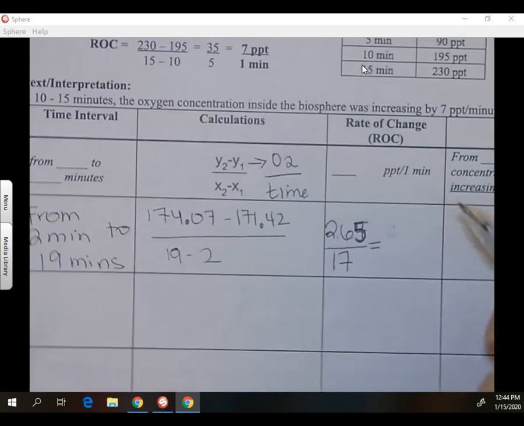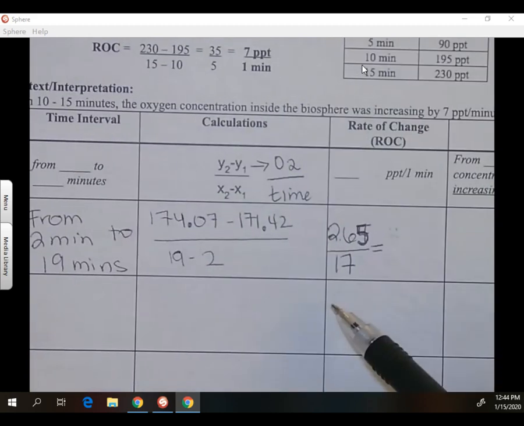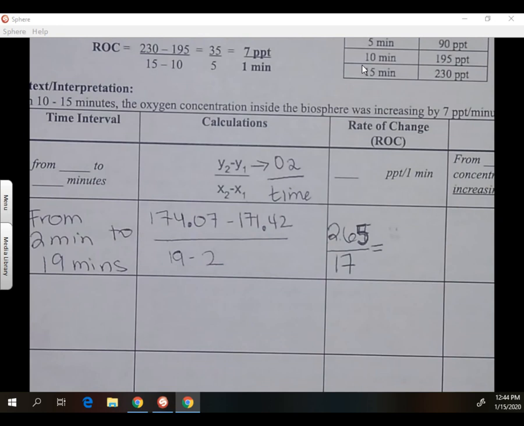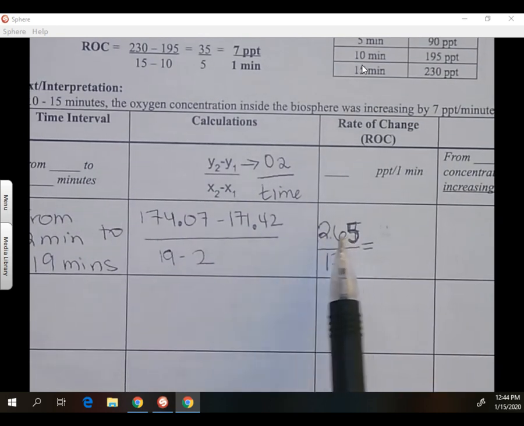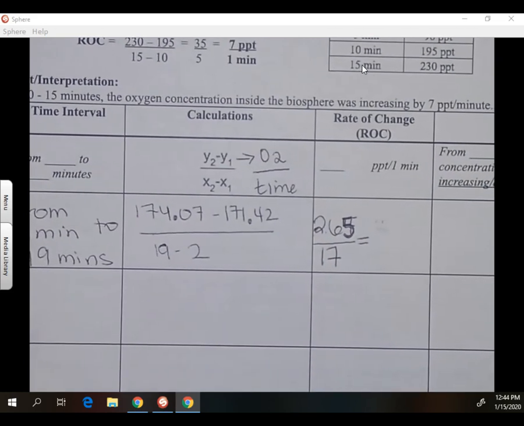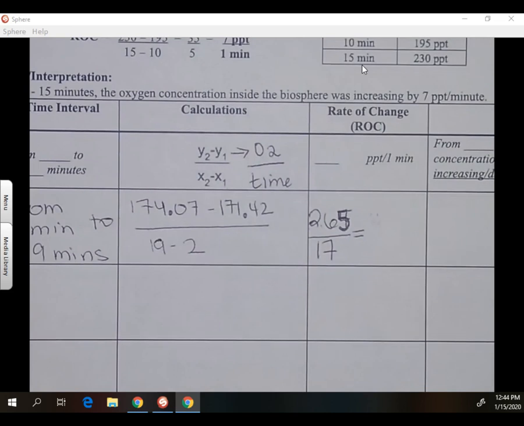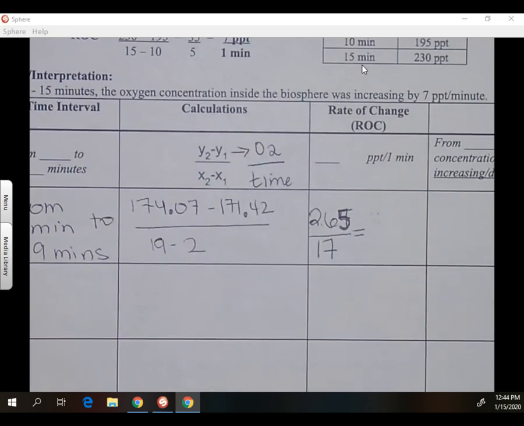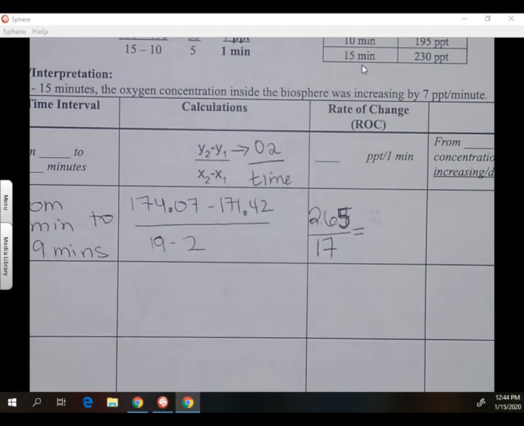Now, in order to find the rate, I'm going to divide this so that I get one number. I don't want to use a fraction as I'm describing my rate. So has anyone already plugged in 2.65 divided by 17? 0.155. 0.15. And we would round that up to 0.16?